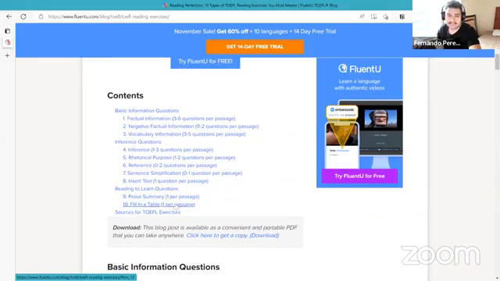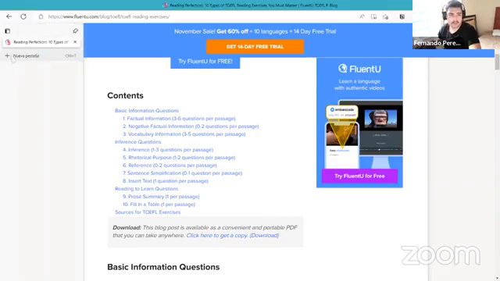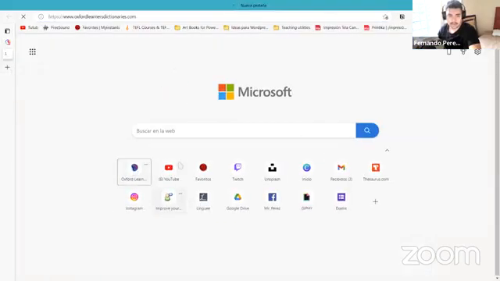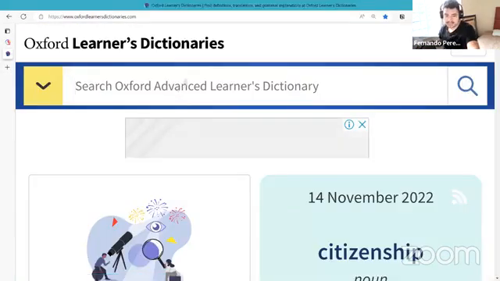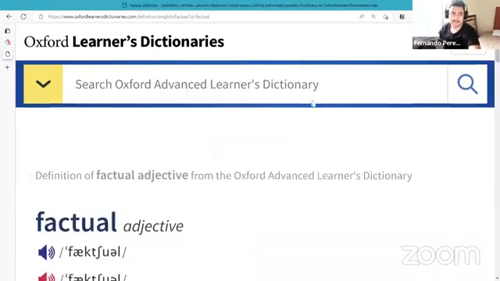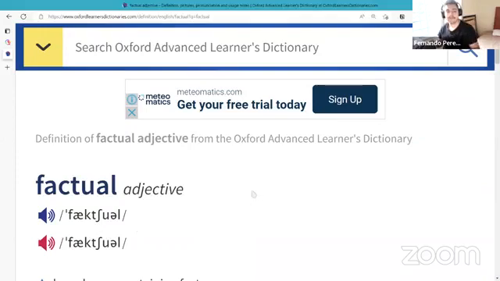There are 10 different types of questions. Look at this. One is called factual information, negative factual information, vocabulary information. What is factual? What does factual sound like? What do you think this is?